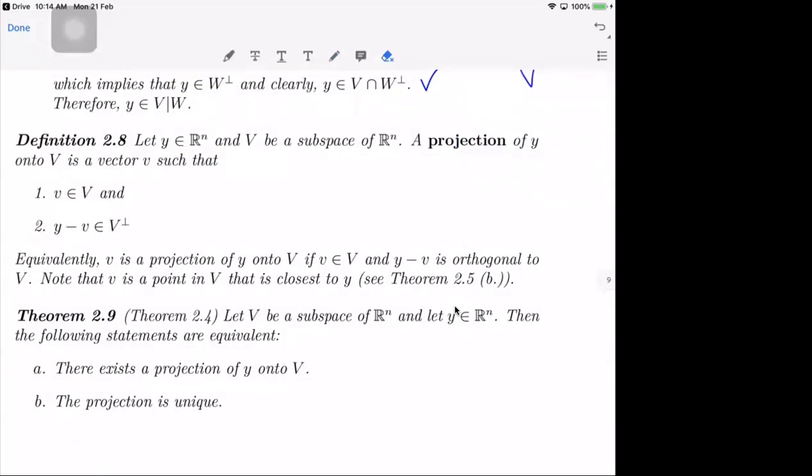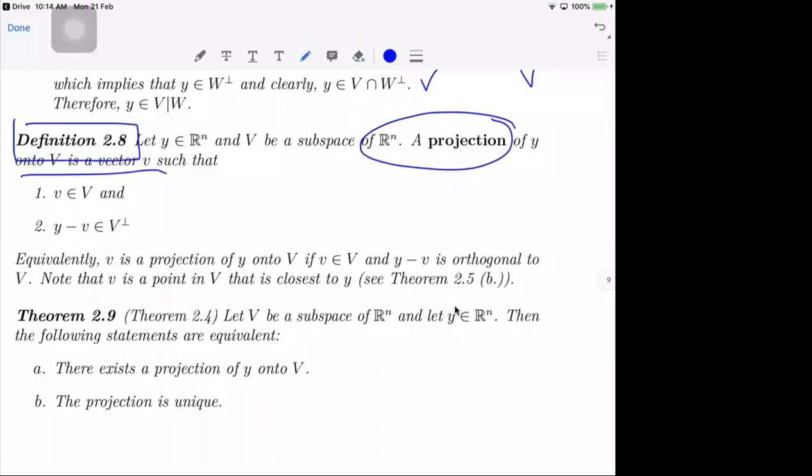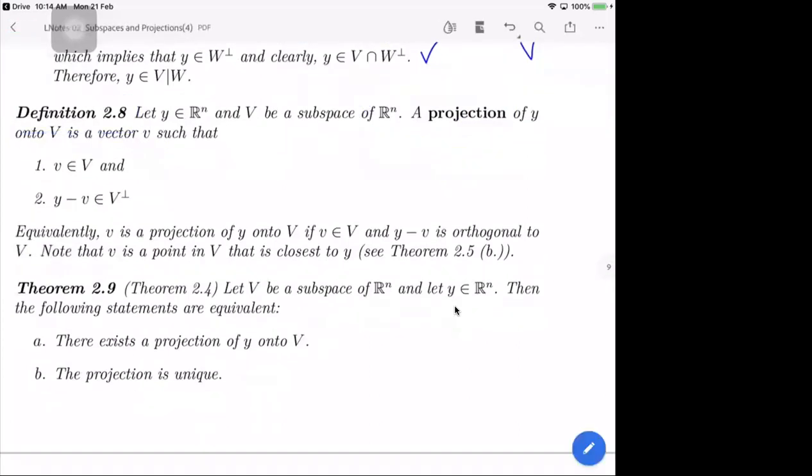We will start next meeting with the projection of Y onto V. This topic also should be mastered by you and understood clearly.